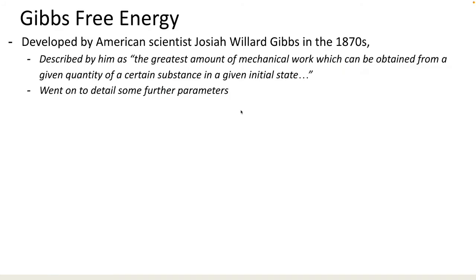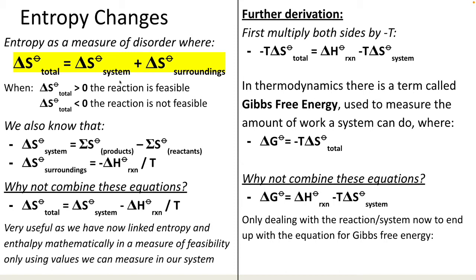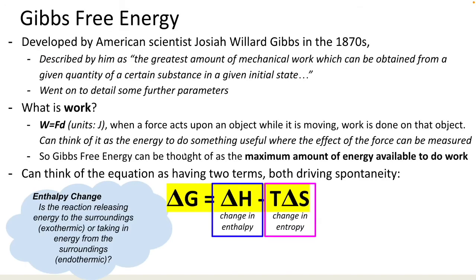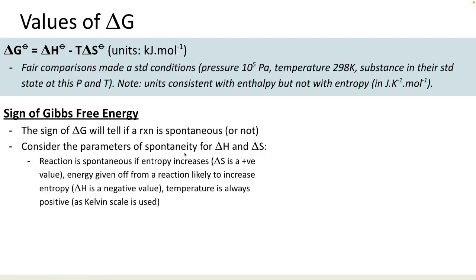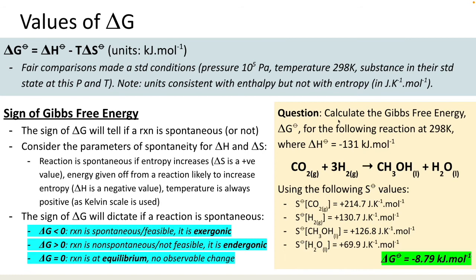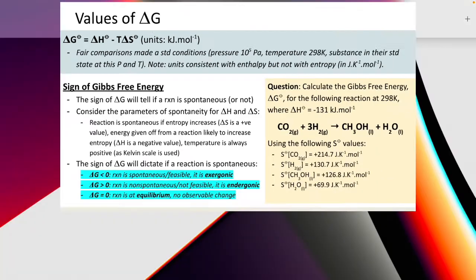Just to remind you on that one, we get the entropy of the products, the sum of, minus the sum of the entropy of the reactants. So that will give you your entropy change there. We've got an enthalpy change, and we have a temperature, which is 298 Kelvin. Why don't you plug it all in and see if you can get an answer, and we shall go through it now.